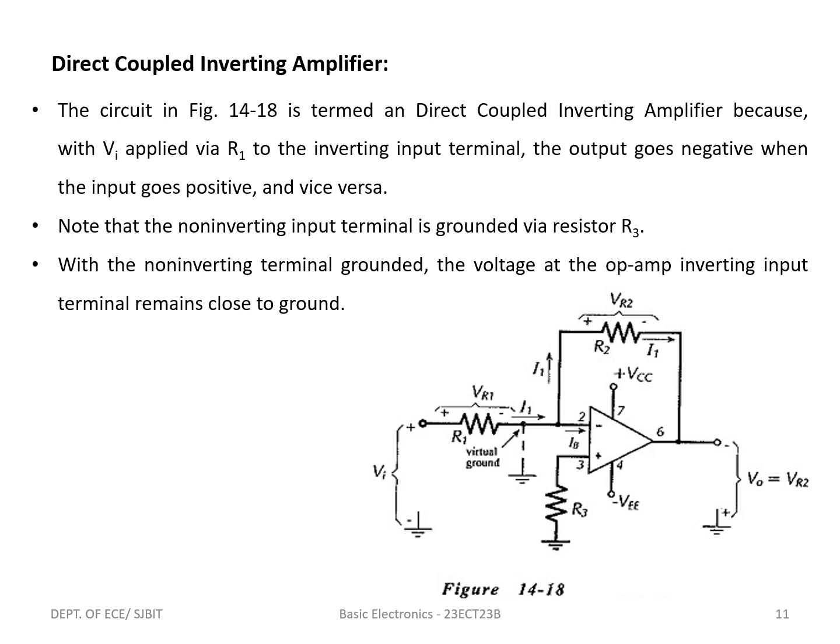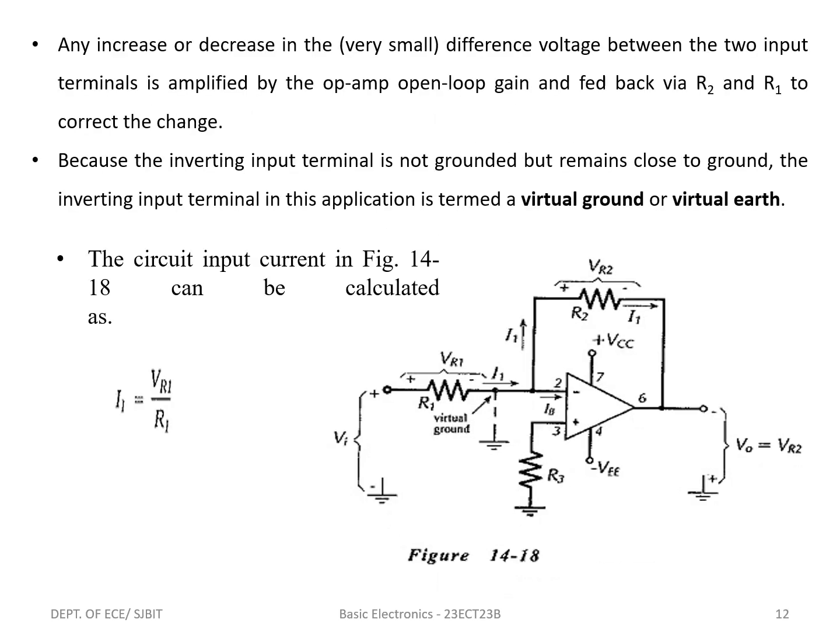The circuit is termed a direct coupled inverting amplifier because, with VI applied via R1 to the inverting input terminal, the output goes negative when the input goes positive and vice versa. Note that the non-inverting input terminal is grounded via resistor R3. With the non-inverting terminal grounded, the voltage at the op-amp inverting input terminal remains close to ground.